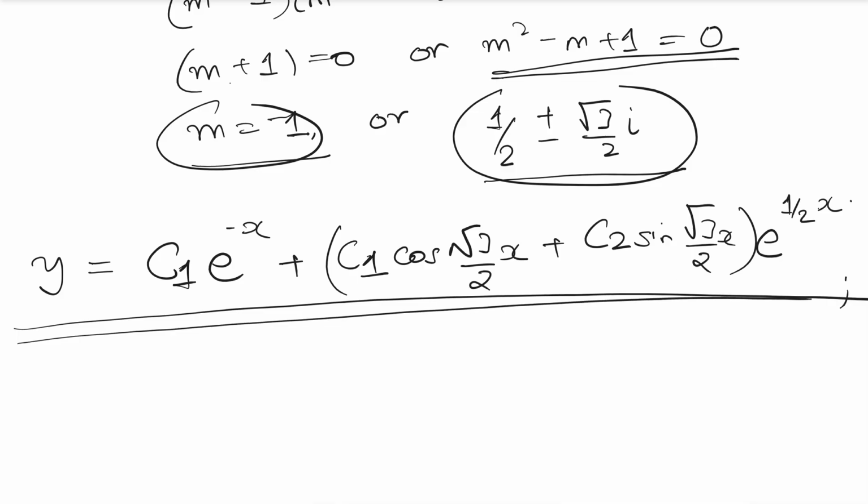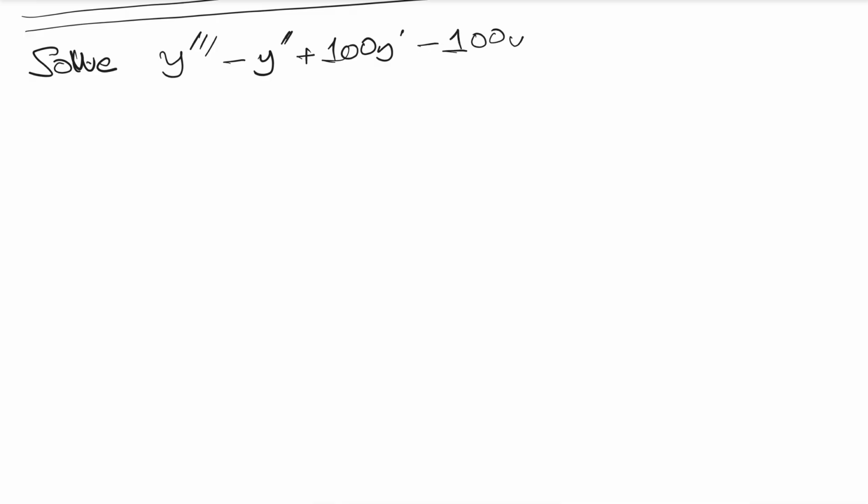I think the next question will be the last question for today's video. So the question says, solve y triple prime minus y double prime plus 100y prime minus 100y is equal to 0.